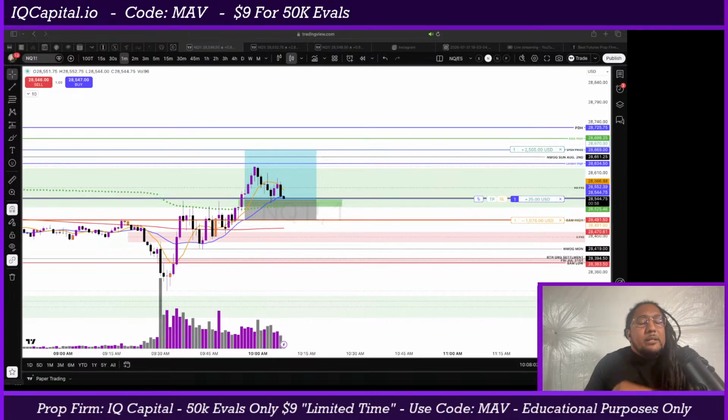One thing, I'd like to see a little bit more speed to the upside, which we aren't getting. We are respecting our bullish PD arrays, but just not a lot of speed on the 1 minute moving in the direction of our target.